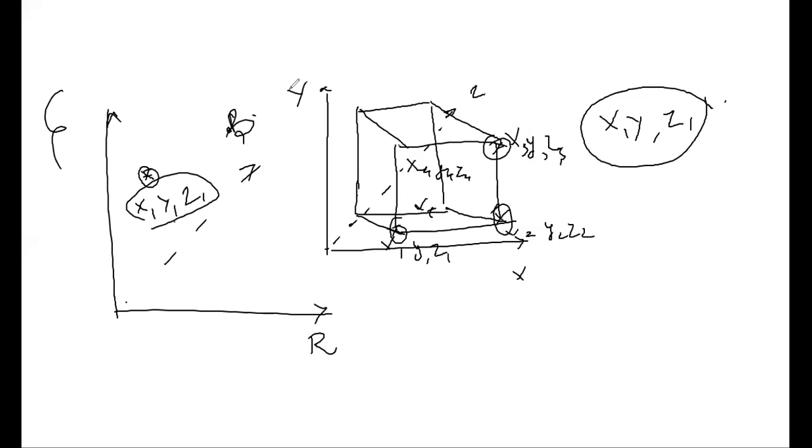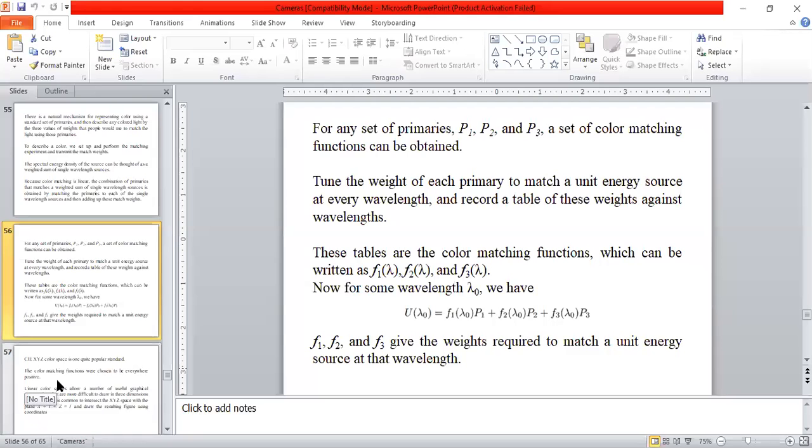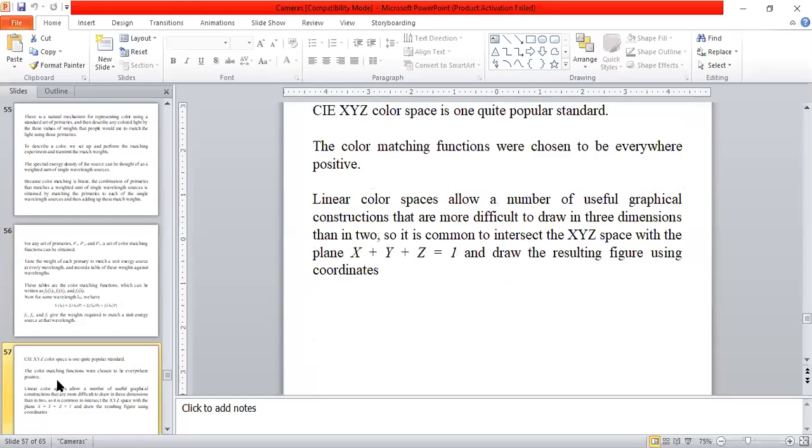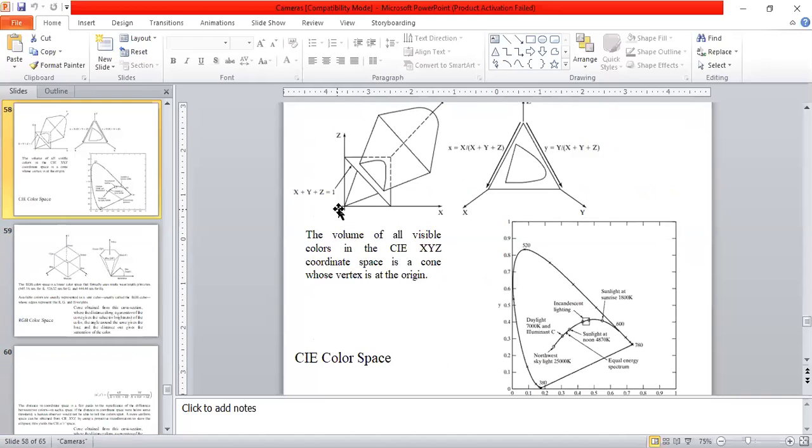First, we will discuss our XYZ linear color space. In that, this is the cone.